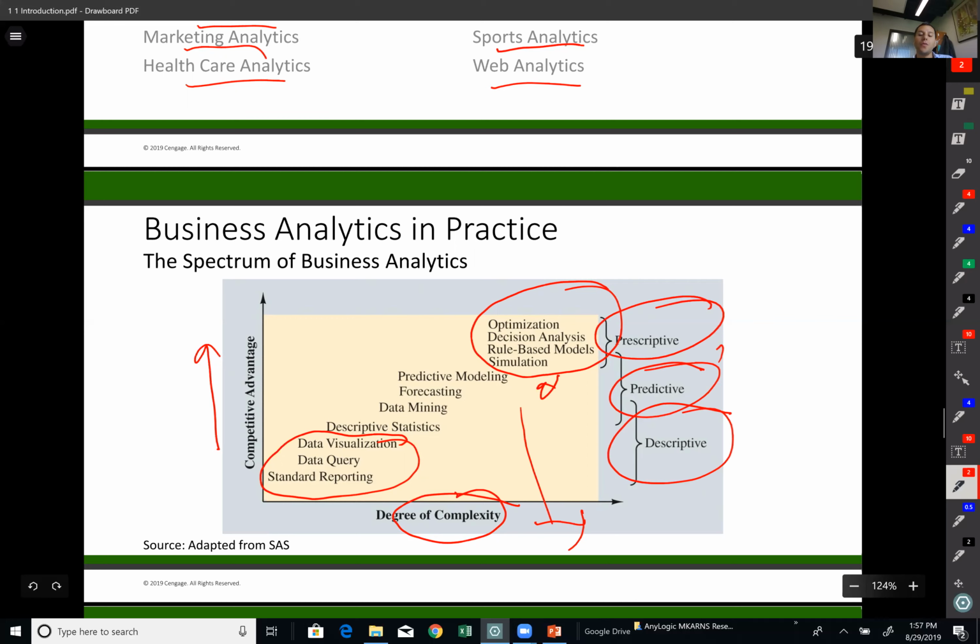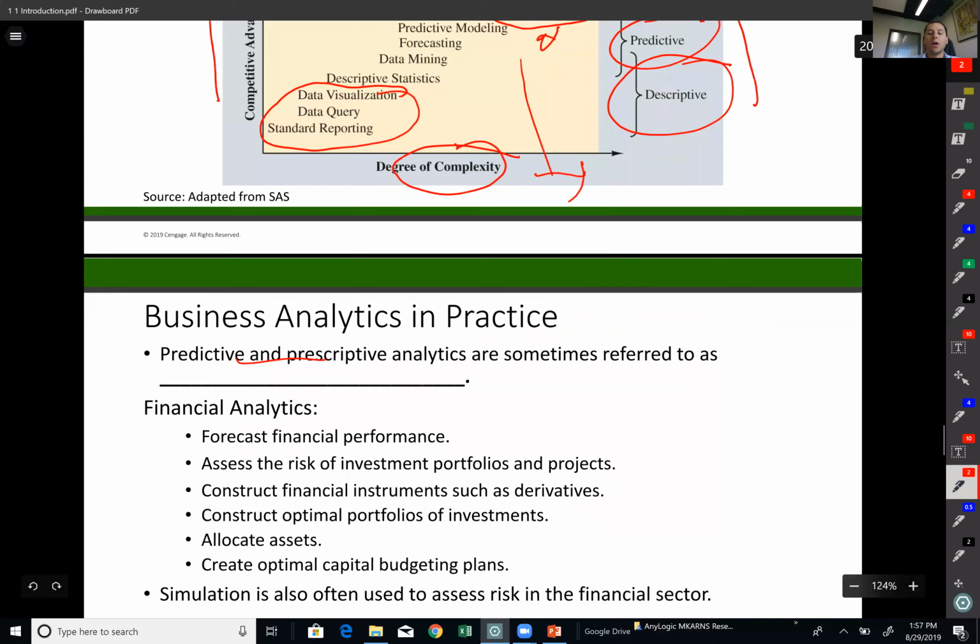We will start from descriptive and then go towards prescriptive in this course. Sometimes predictive and prescriptive analytics are called advanced analytics, right? So let's take a look at some applications in finance.